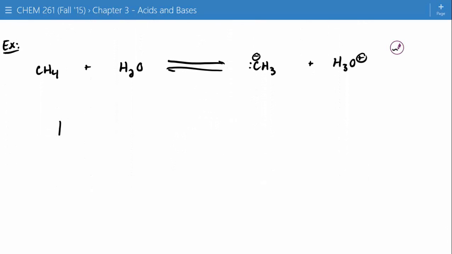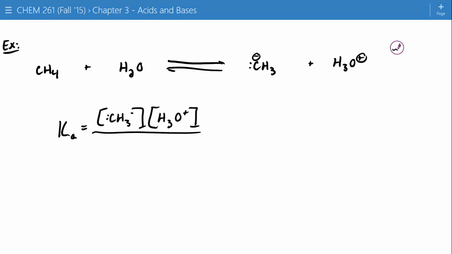Okay, so let's write out our Ka expression here. We've got our conjugate base, which is CH3 with a lone pair and a negative charge, times our concentration of hydronium ion, over our concentration of CH4, or methane.